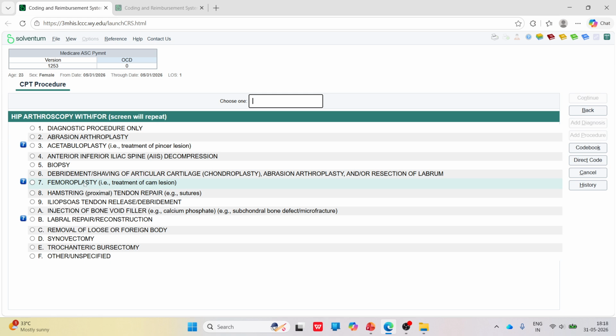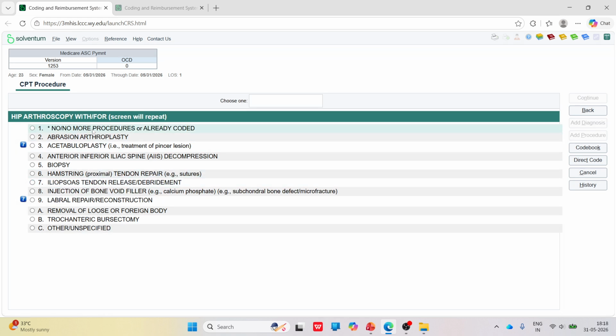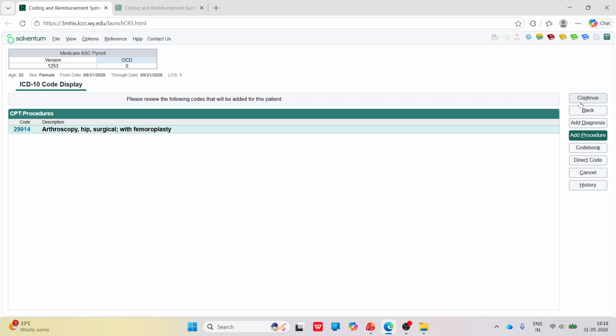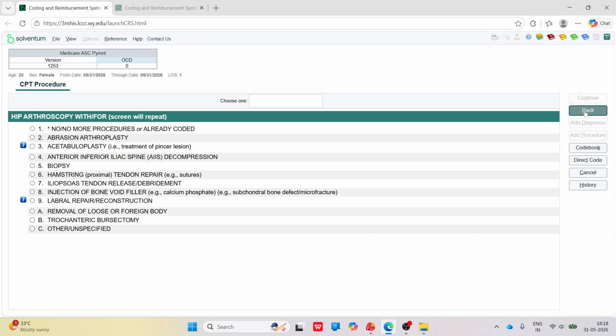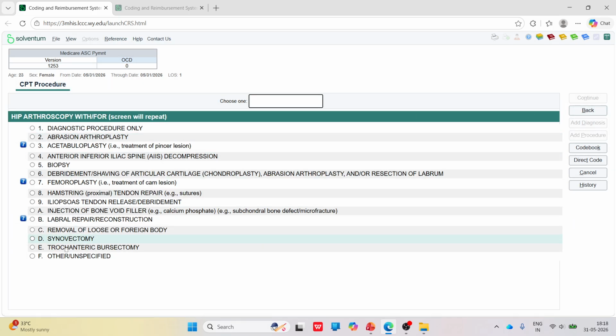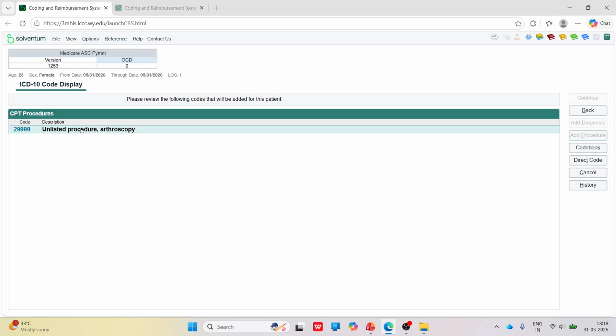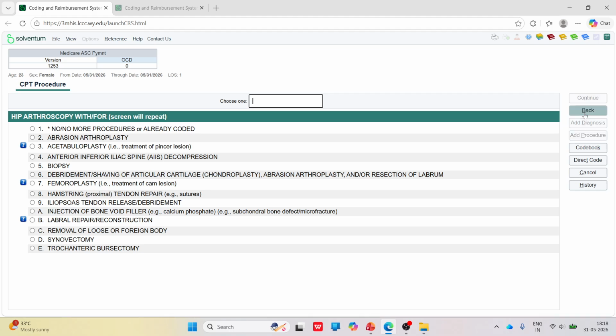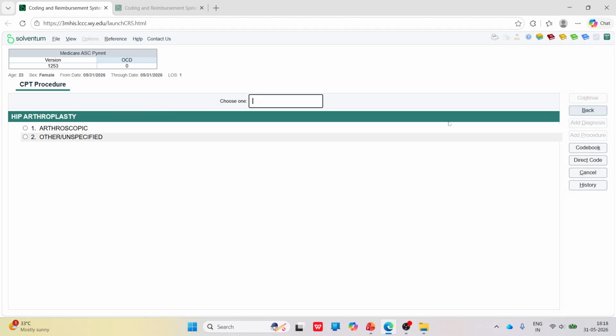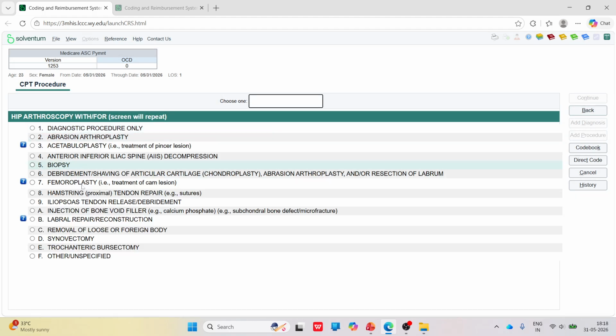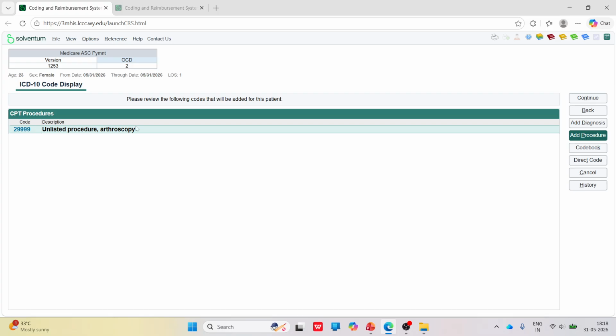Yes, femoroplasty is also done. After the arthroscopic, the normal procedure is done.